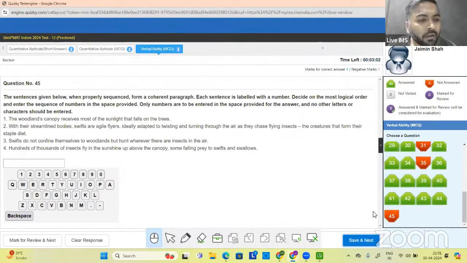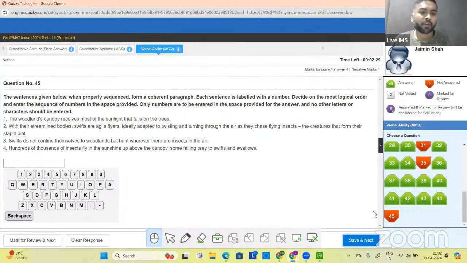The woodland canopy receives most of the sunlight that falls on trees. With their streamlined bodies, swifts are agile flyers, ideally adapted to twisting and turning through the air as they chase flying insects. The creatures that form their staple diet.